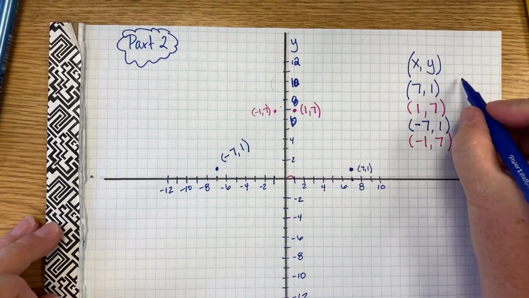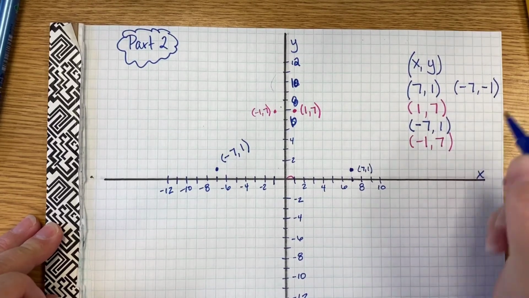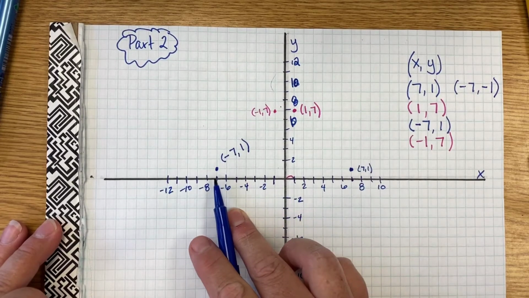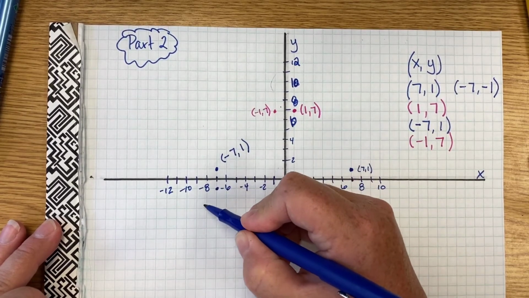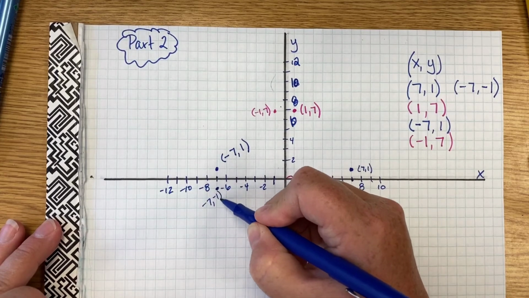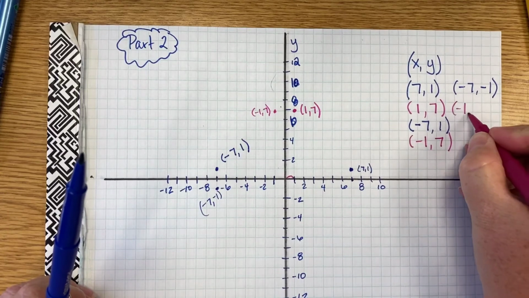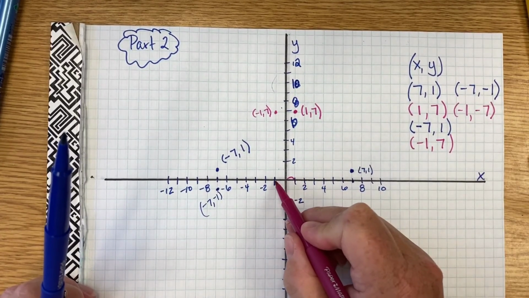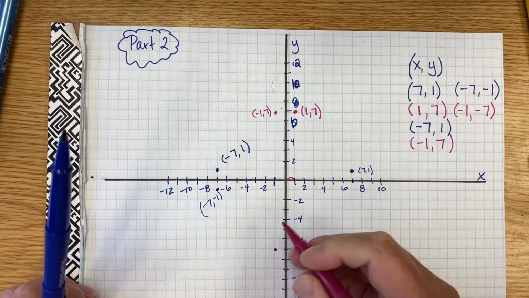Then I could also do a negative 7, negative 1, which means I'm going to go to the left 7 first and down 1. Or I could do a negative 1, negative 7. So again, I'm going to go over 1, down 7.